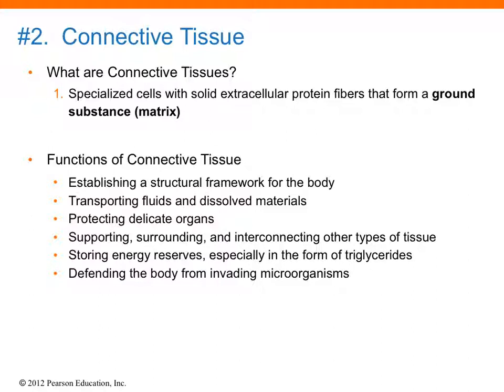The basic functions of connective tissue is it establishes a structural framework for the body, it transports fluids and dissolved materials, it protects delicate organs, including supporting, surrounding, and interconnecting other types of tissues. It stores energy reserves, especially in the form of triglycerides, and it defends the body from invading microorganisms.